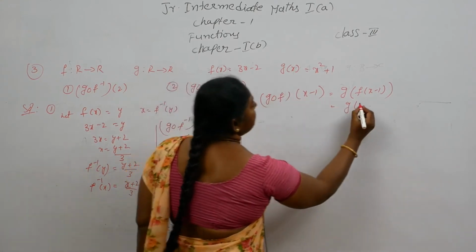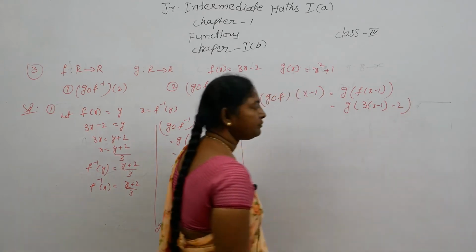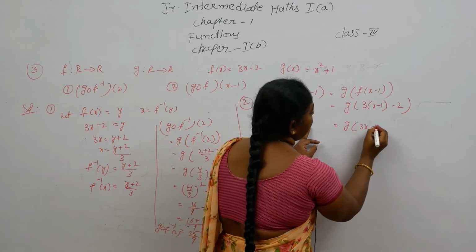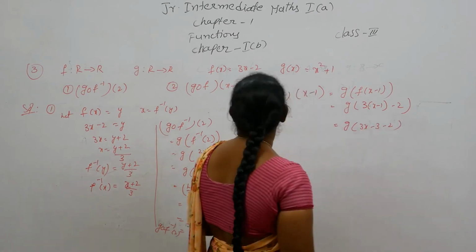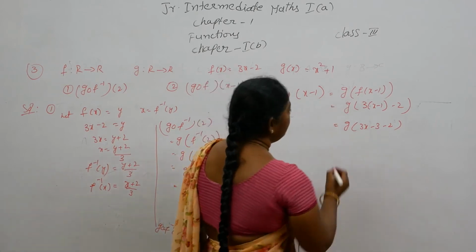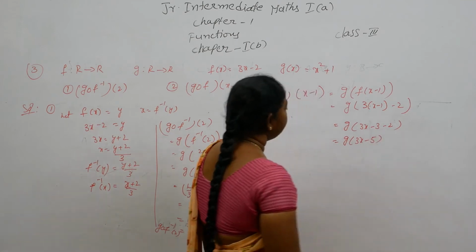So 3 into x minus 1 minus 2. So here g into 3x minus 3 minus 2. So here g of 3x minus 5.